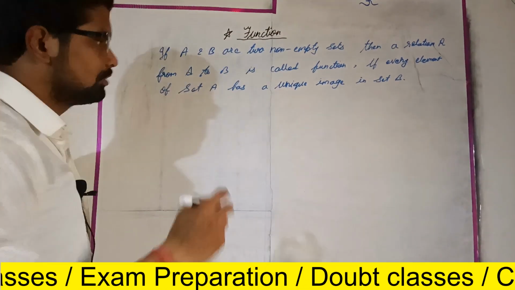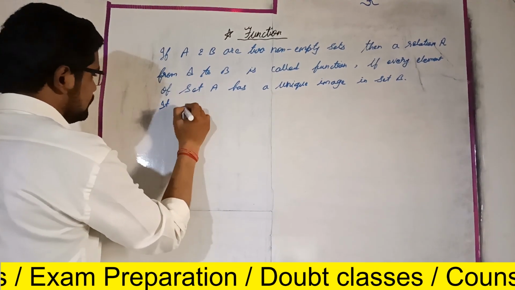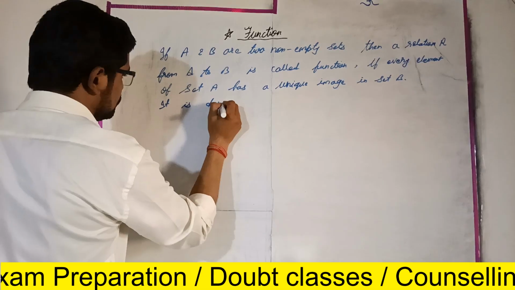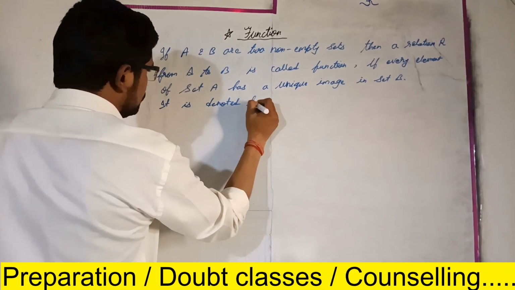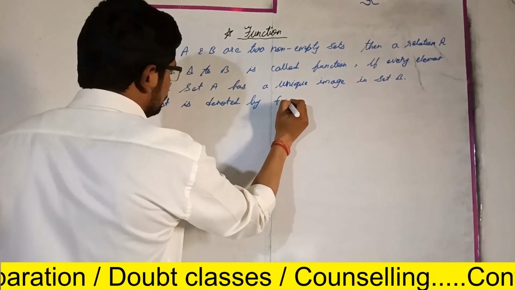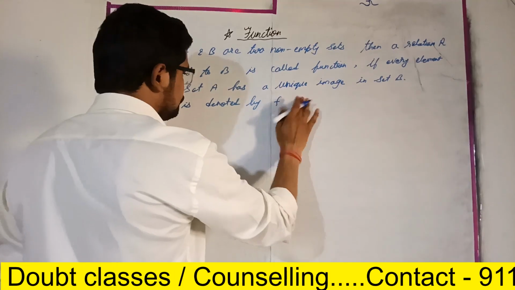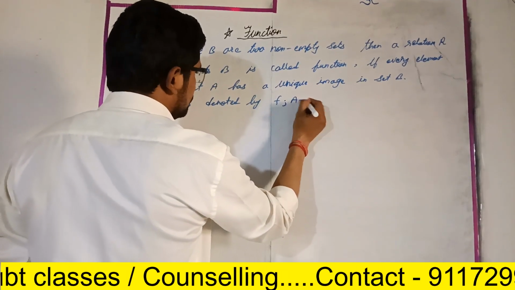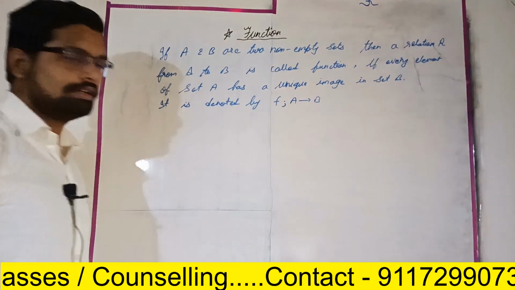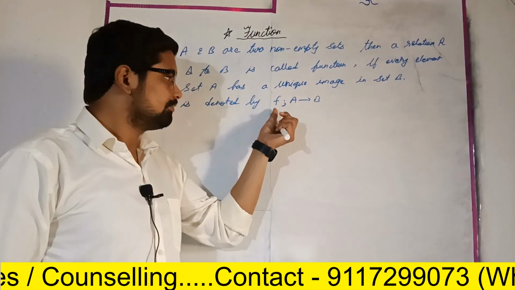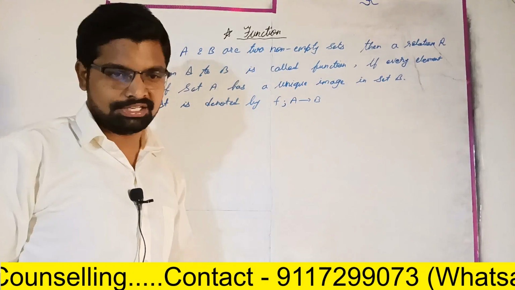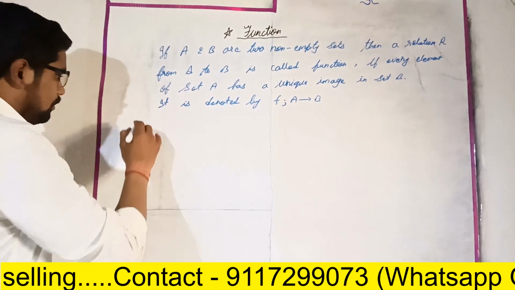And it is denoted by f, like this, f: A to B. This will be called function from A to B. Is it clear? Any doubt?